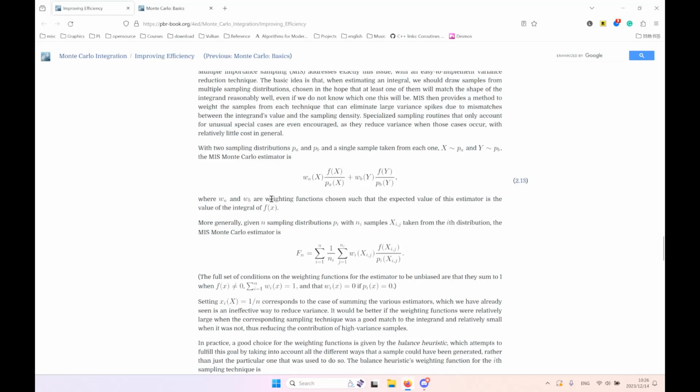So the weighting function is chosen such that the expected value of this estimator is the correct integral.